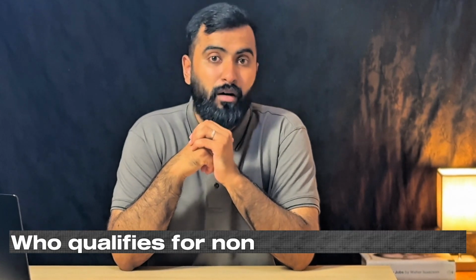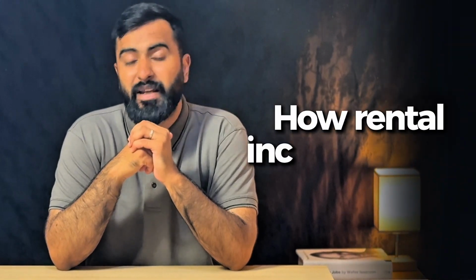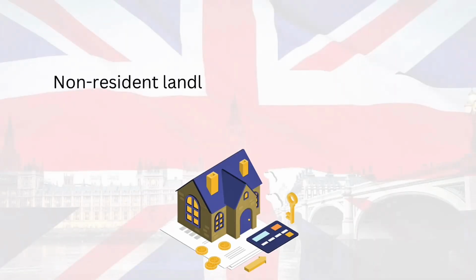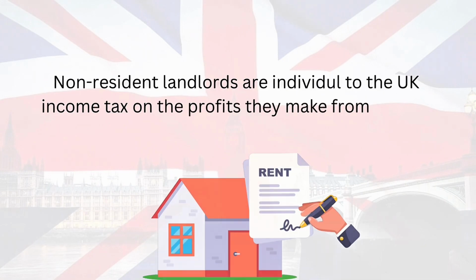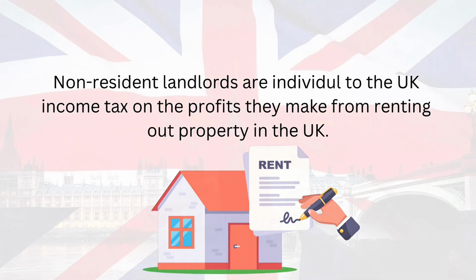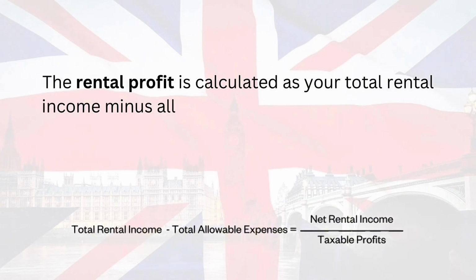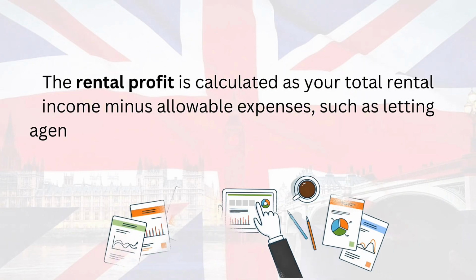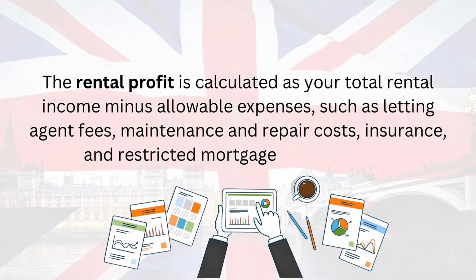Now that we have understood who qualifies as a non-resident landlord, let's take a closer look at how rental income is taxed. Non-resident landlords are subject to UK income tax on the profits they make from renting out property in the UK. The rental profit is calculated as your total rental income minus allowable expenses such as letting agent fees, maintenance and repair costs, insurance and restricted mortgage interest relief.